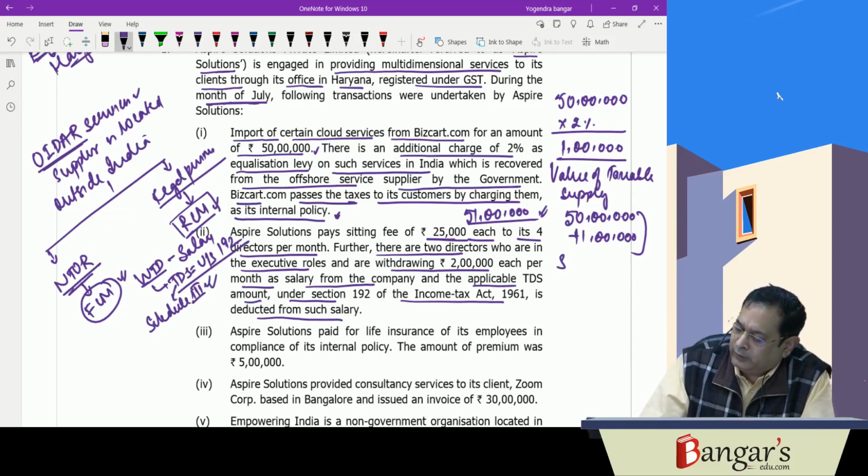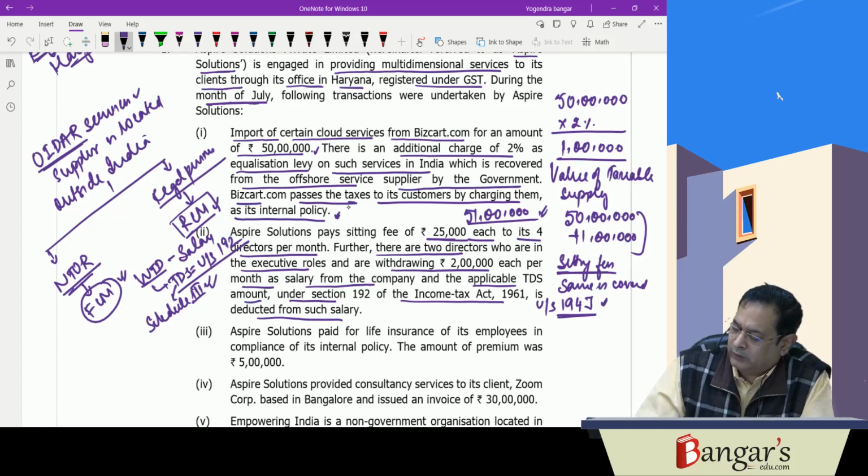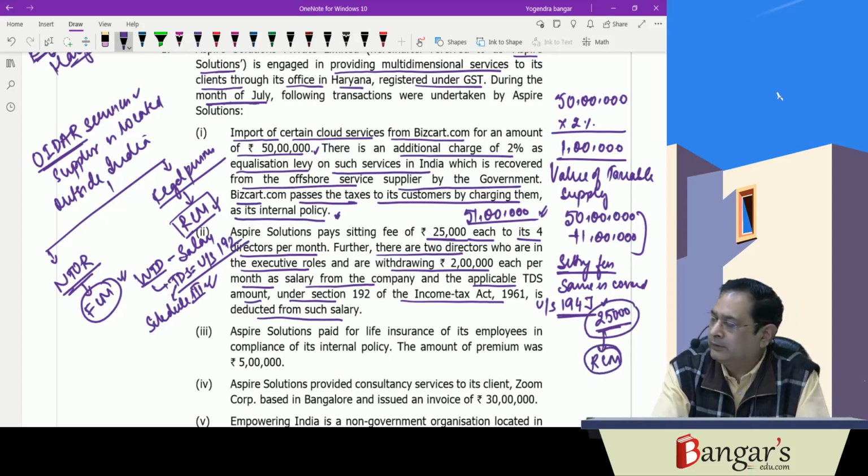But relating to sitting fees, the same is covered under section 194J. And on this sitting fee of 25,000 rupees, GST will be leviable under the reverse charge mechanism.